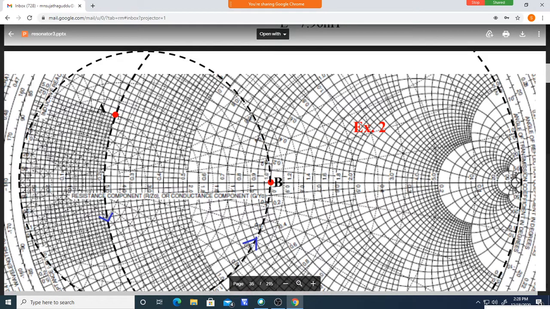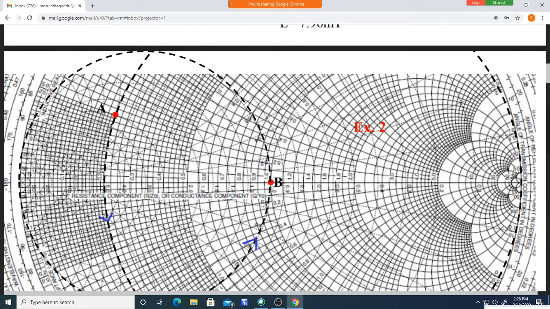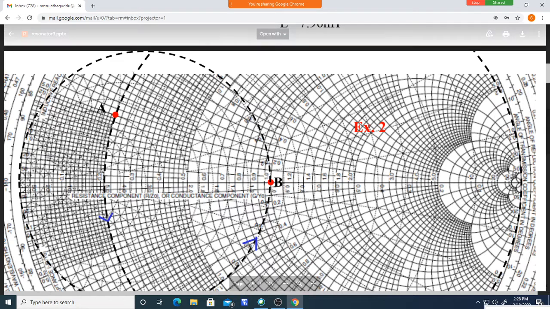Now you should think on which circle you are supposed to move from here. To move, should you move over a conductance circle or a resistance circle?